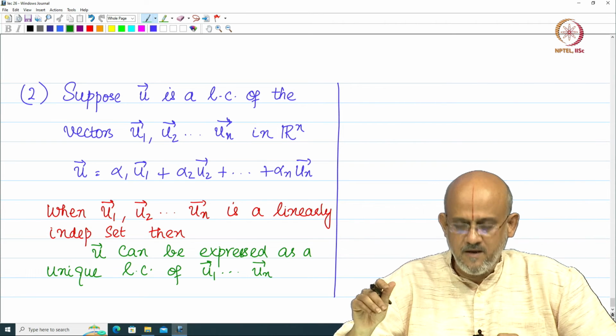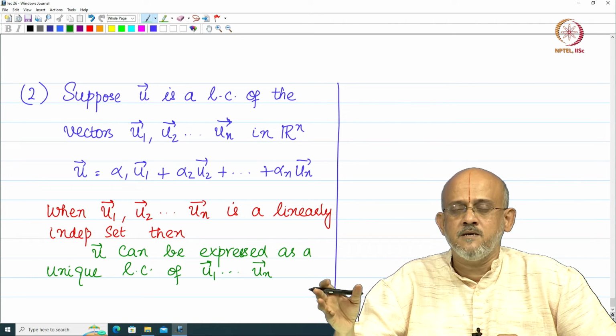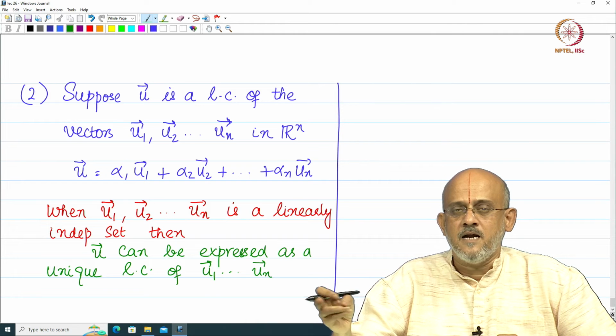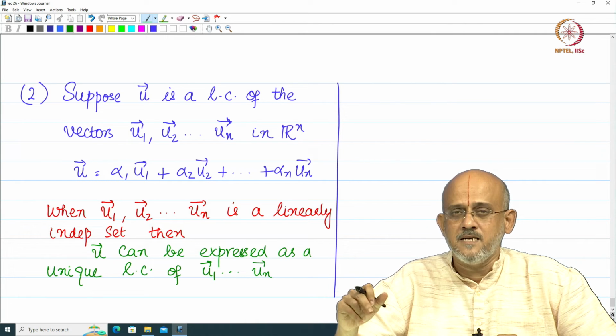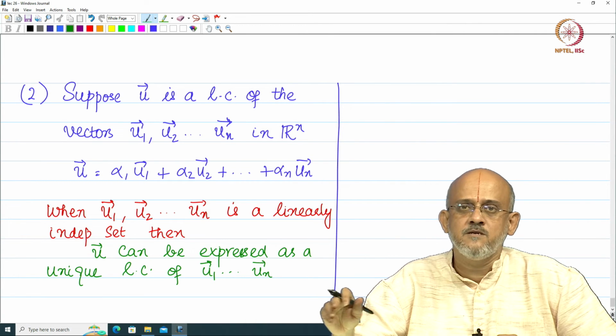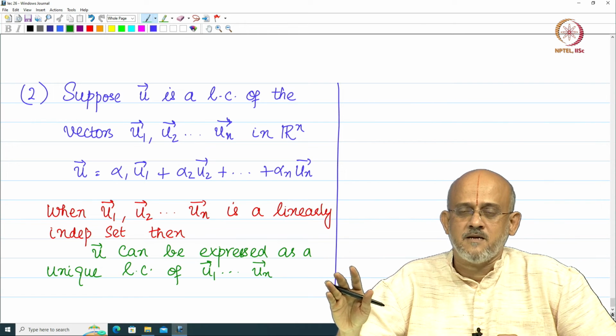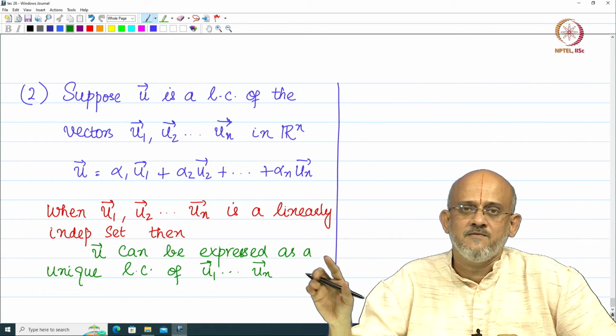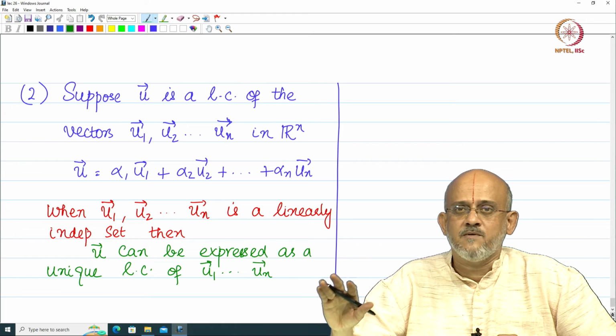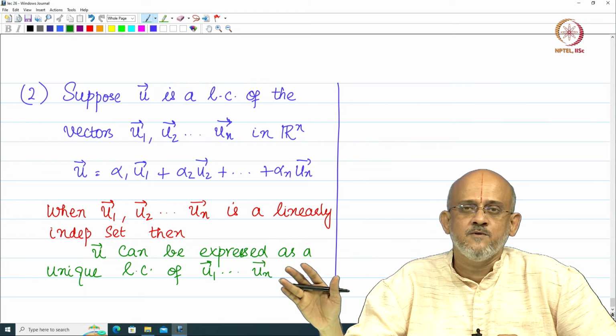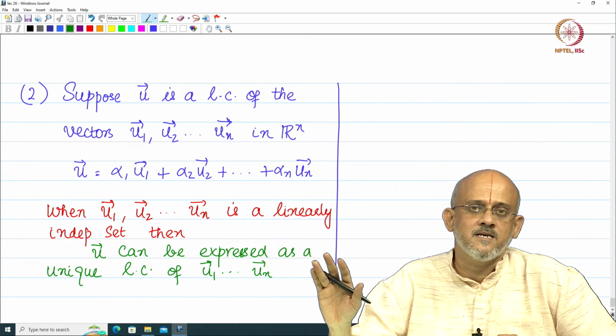That means if you have u1, u2, un to be linearly independent vectors and you want to express any other vector as a linear combination of these vectors, there exists only one combination, that means one set of scalars alpha 1, alpha 2, alpha n, such that alpha 1 u1 plus alpha 2 u2 plus alpha n un is equal to the given vector, let us say u.